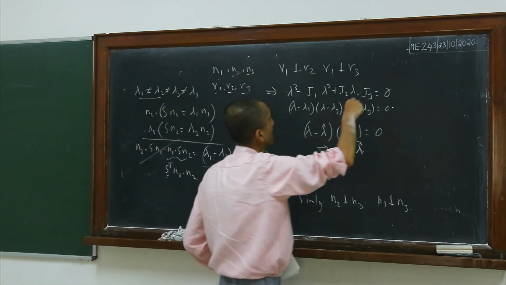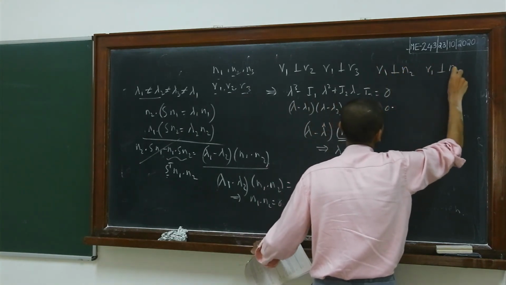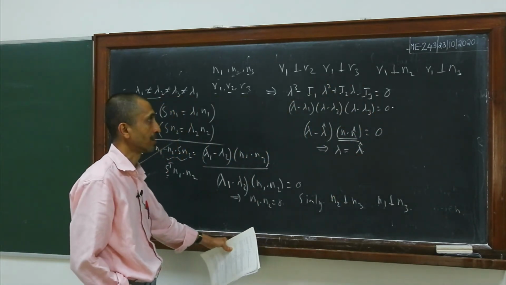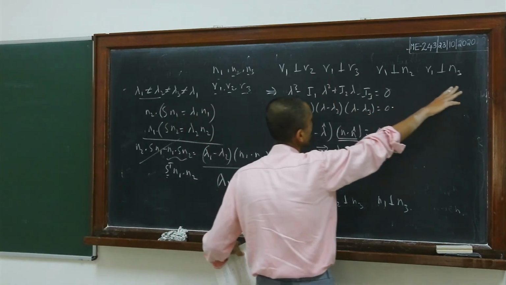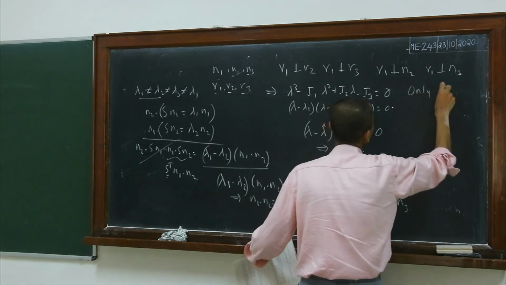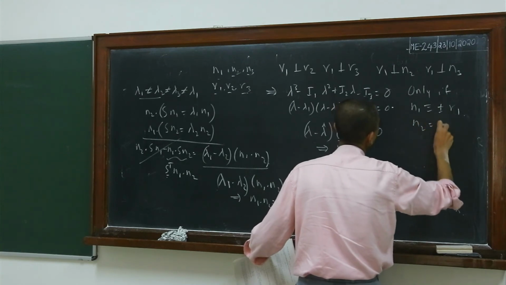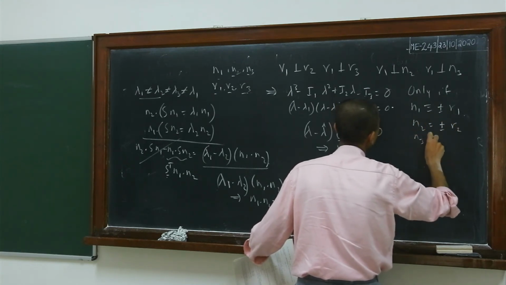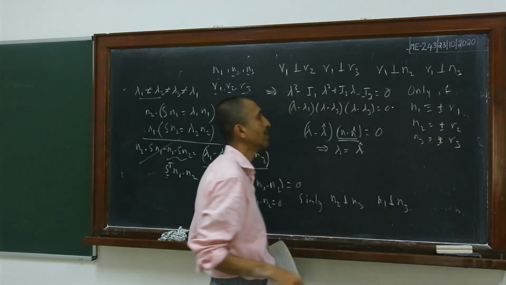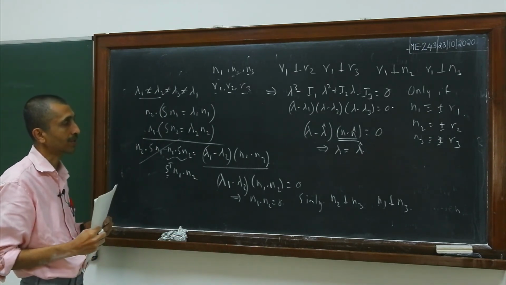So you will get that r1 is also perpendicular to n2 and r1 is also perpendicular to n3. Okay, so if they are distinct, then you will see that this is possible only if your n1 is plus minus r1, n2 is plus minus r2, and n3 is plus minus r3. So that shows that you have uniqueness of the eigenvectors when the eigenvalues are distinct.